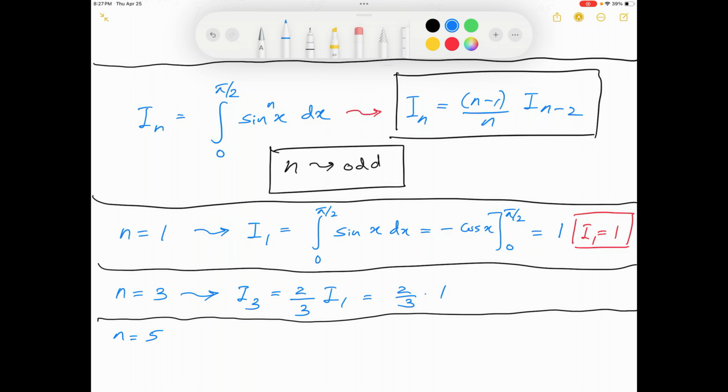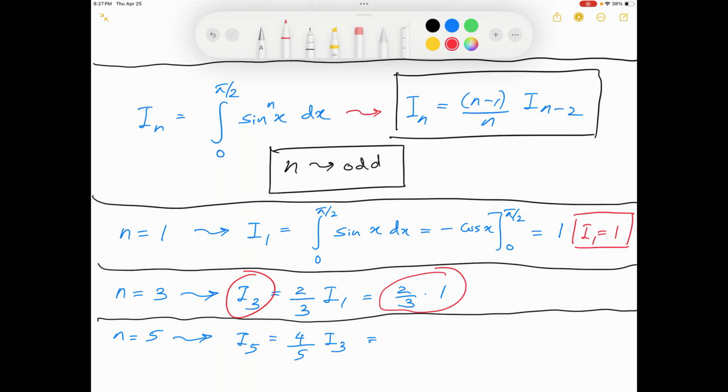Similarly, we will find the next odd number, which is n equals 5. When n equals 5, when I look at this reduction formula once again, I will have I sub 5, and on the right hand side, n minus 1 is 4. In the bottom, n is equal to 5. I sub n minus 2, n minus 2 is equal to 3.